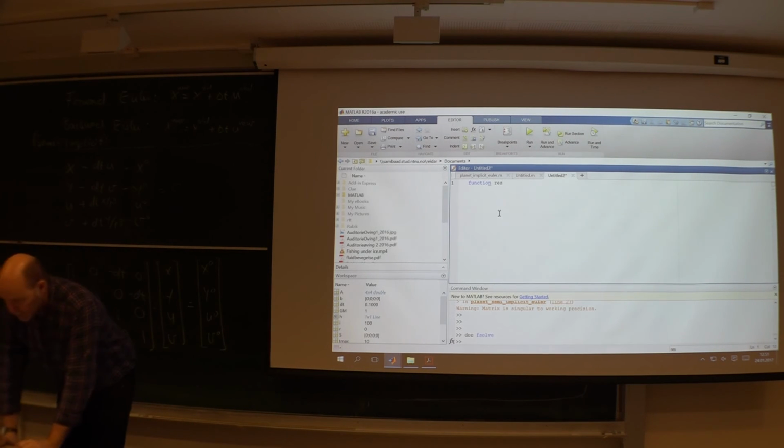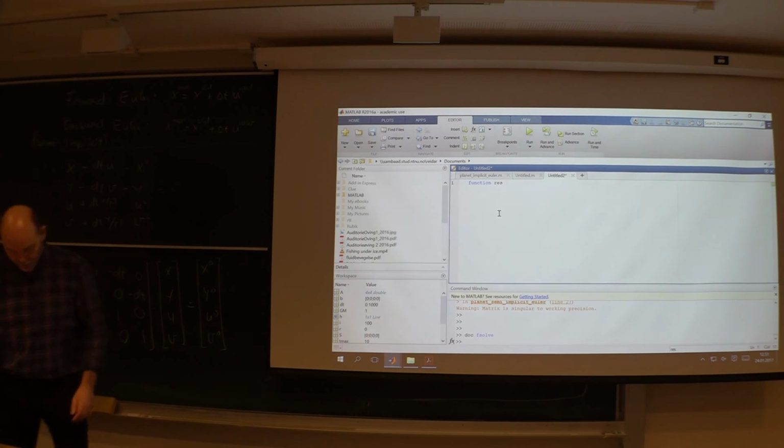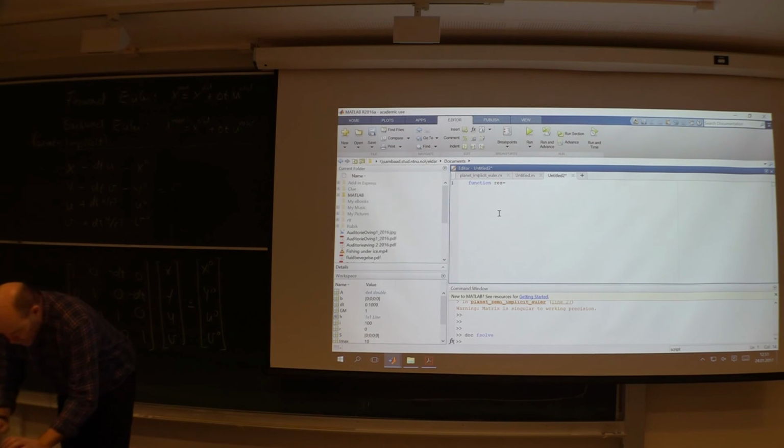So he's going to return 4 residuals. The name was Funk, wasn't it? And here you will now have a vector. Call him big X. That's okay.